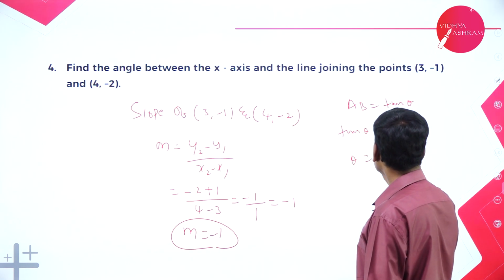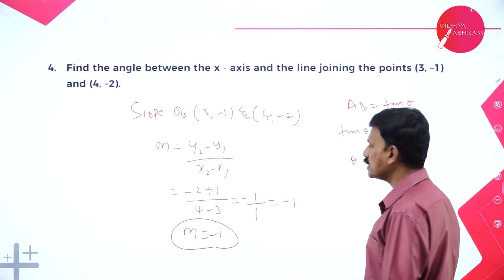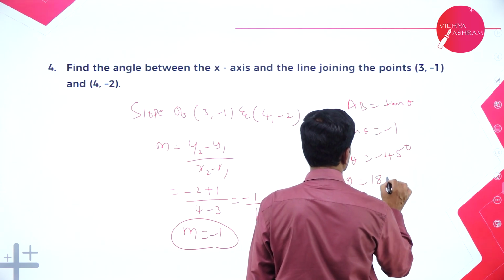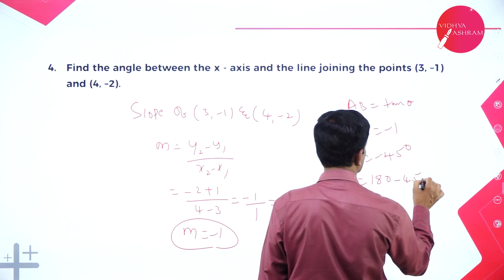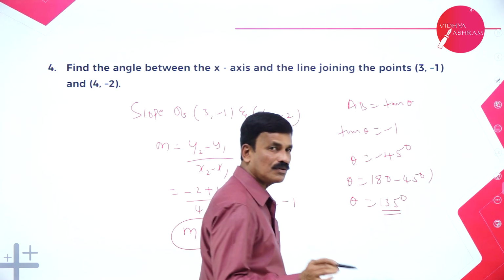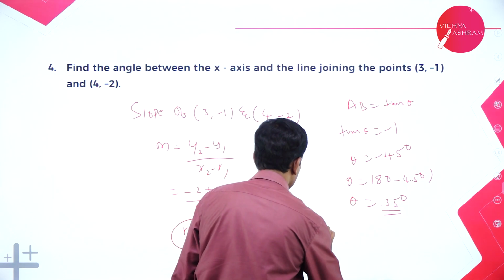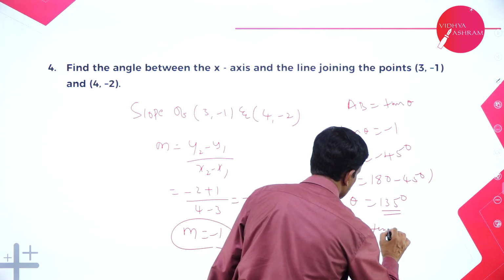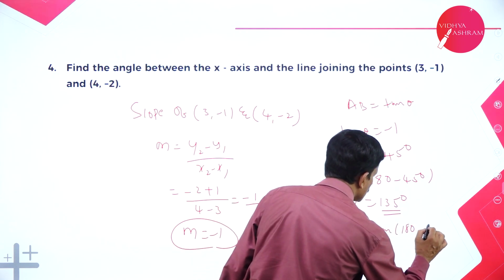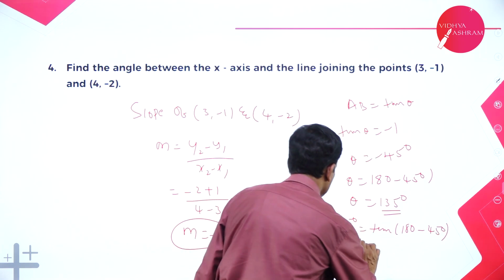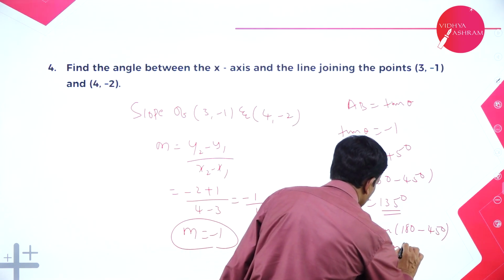So, therefore, theta is equal to minus 45 degrees. This can also be written as 180 minus 45, that's equal to 135 degrees. So, minus tan 45 can also be written as tan of 180 minus 45.